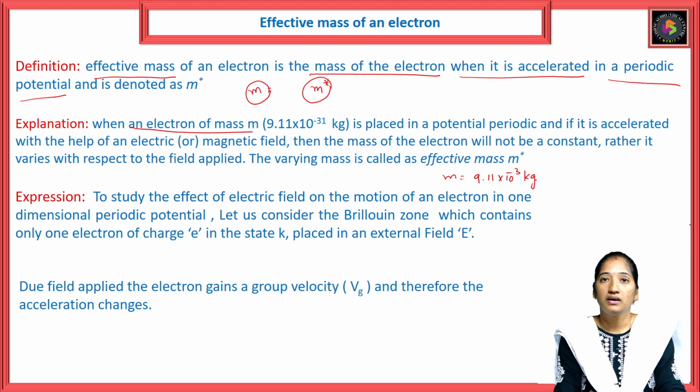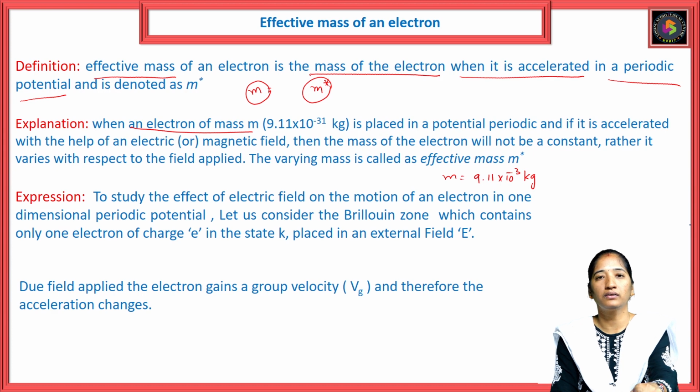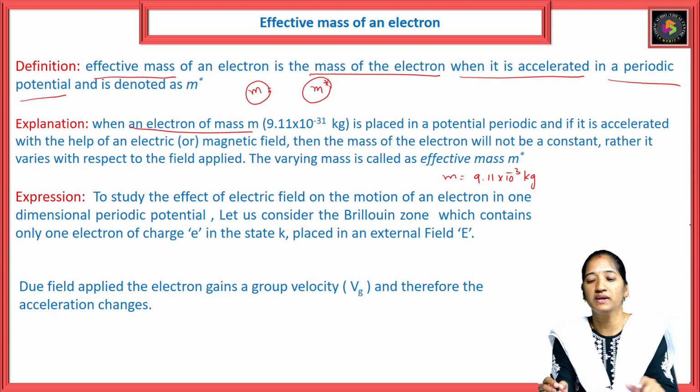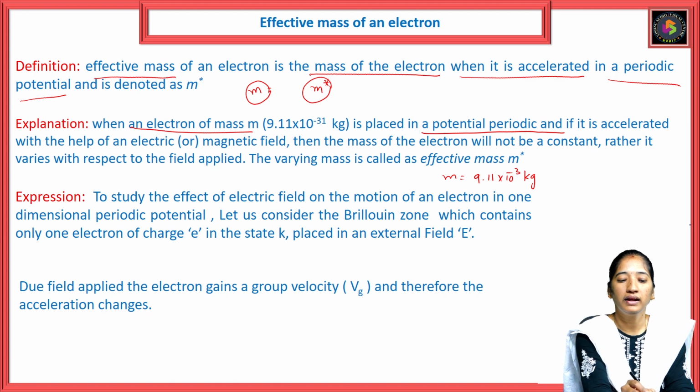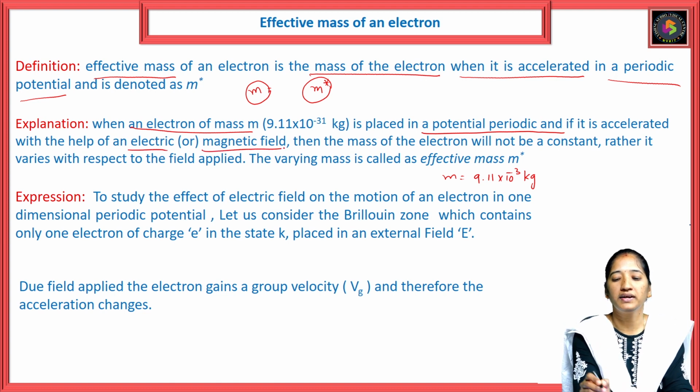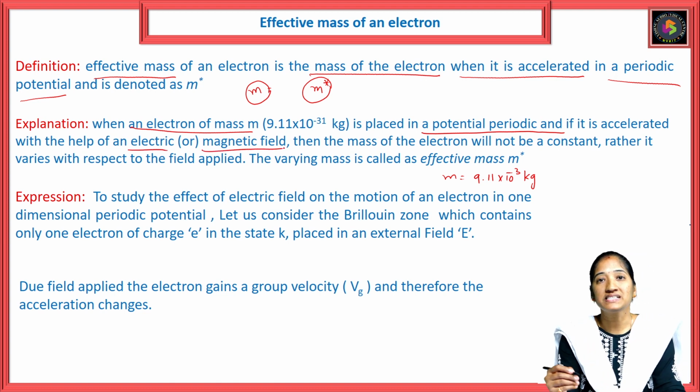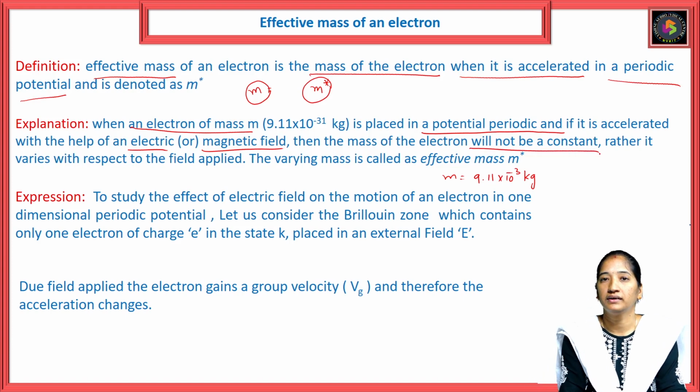When an electron is placed in a periodic potential and is accelerated with the help of an electric or magnetic field, the mass of the electron will not be constant.